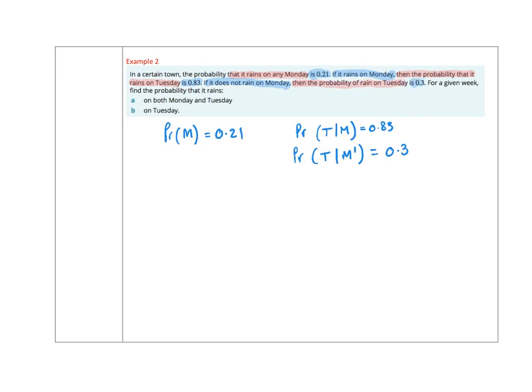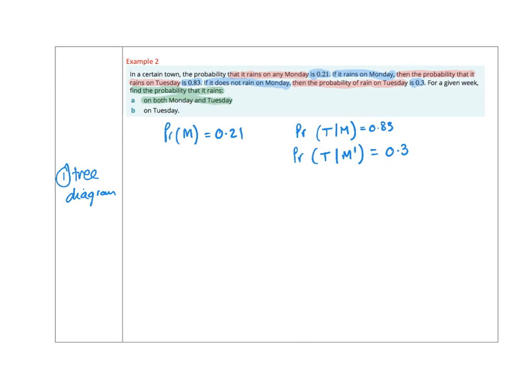The question itself is relatively simple. It's saying find the probability that it rains on both Monday and Tuesday. Now step one in a problem like this is to do a tree diagram. This will allow us to find things like the probability of it not raining on Monday and what would happen after that.